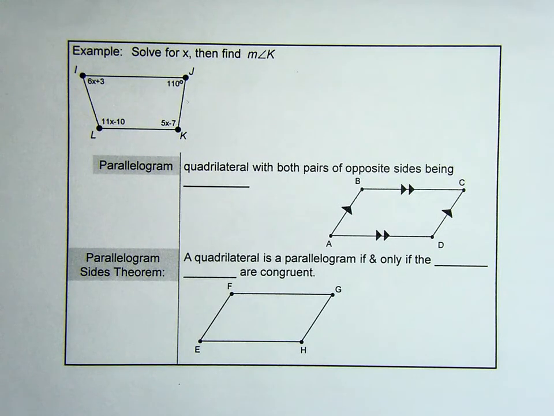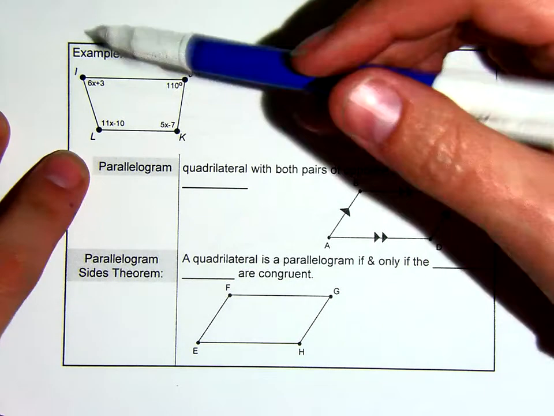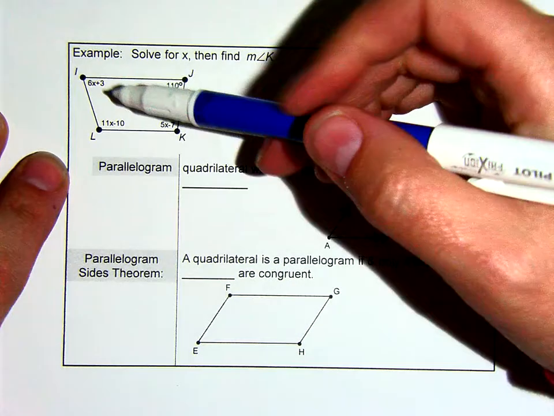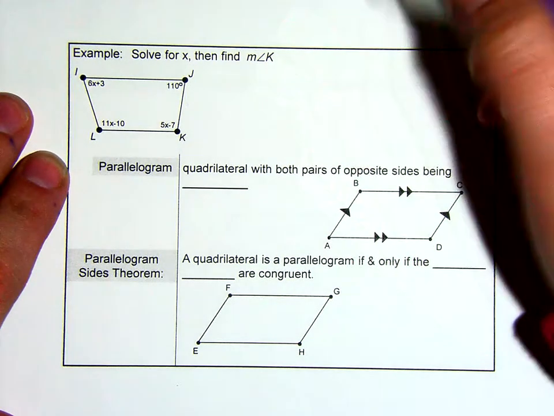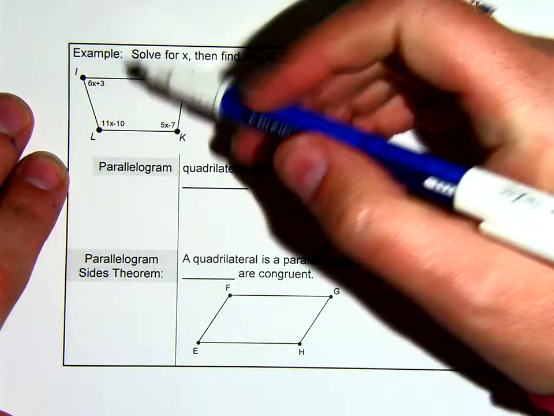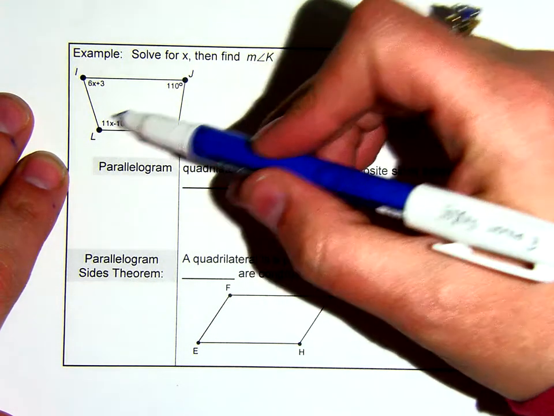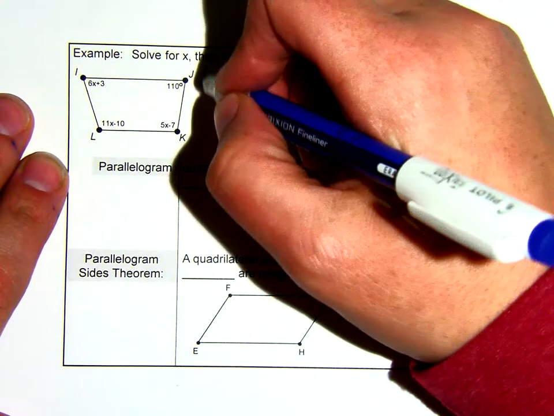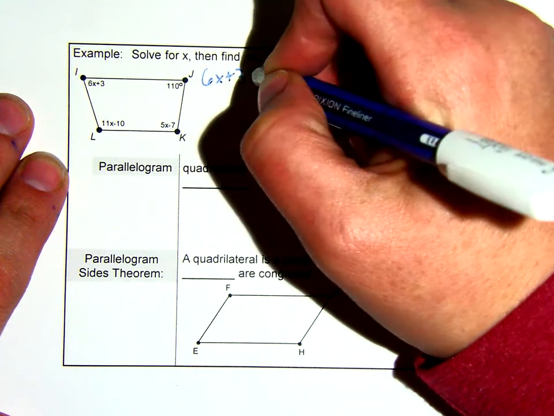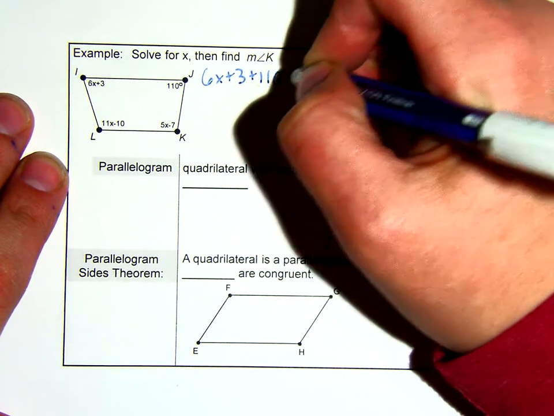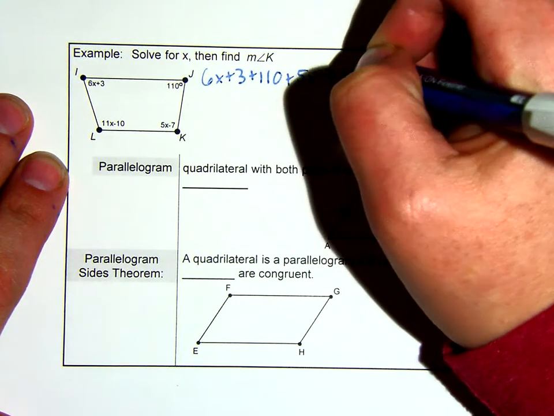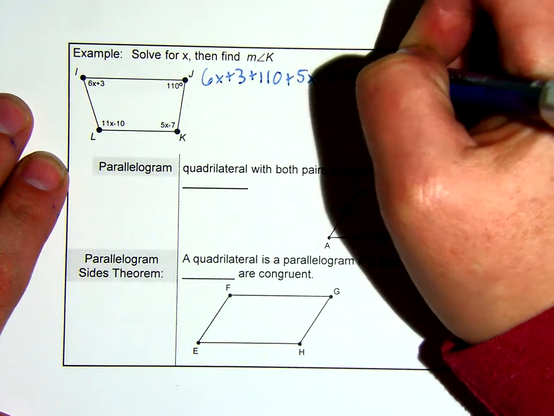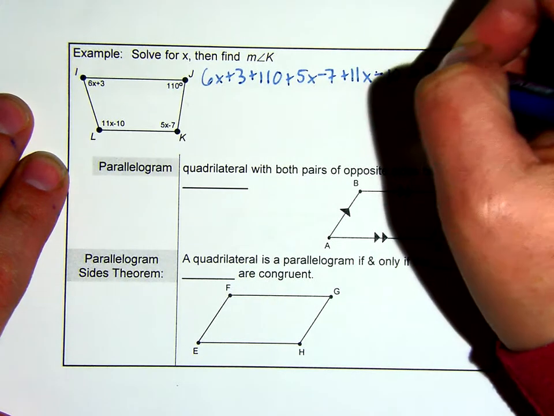Alright, what we can do with that is I now have a quadrilateral with some expressions inside, and we want to solve for x, and then find the measure of angle k. So we add the interior angles: 6x plus 3 plus 110 plus 5x minus 7 plus 11x minus 10, and set that equal to 360.